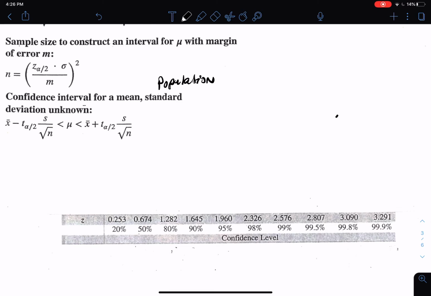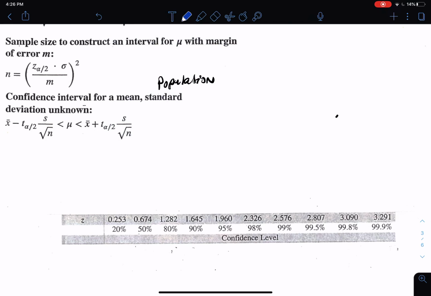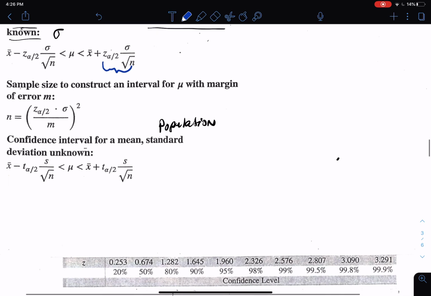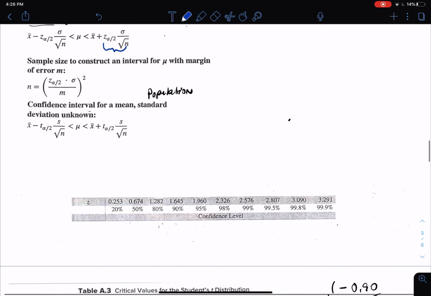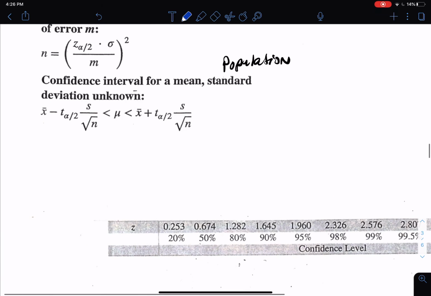Let's just look at this. We can see the different pieces here. I guess I'll use some different colors. Just like before, we had this margin of error. So we still have that here with this confidence interval. Notice here, we still have this margin of error.